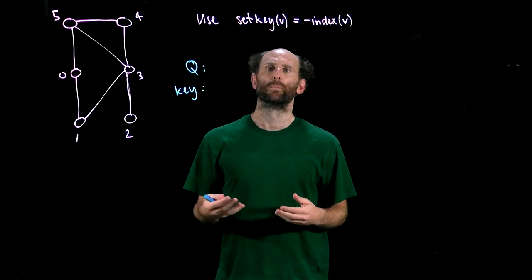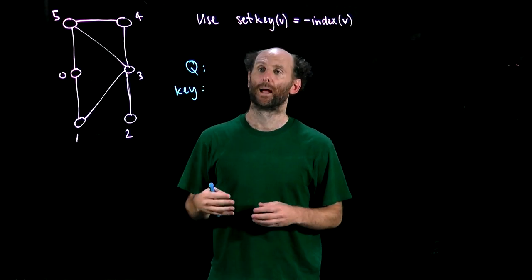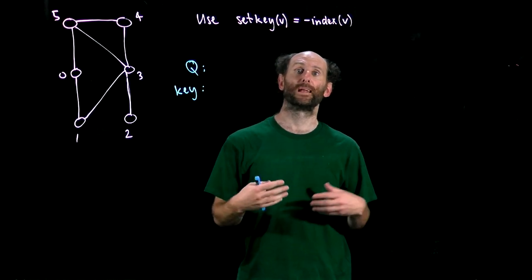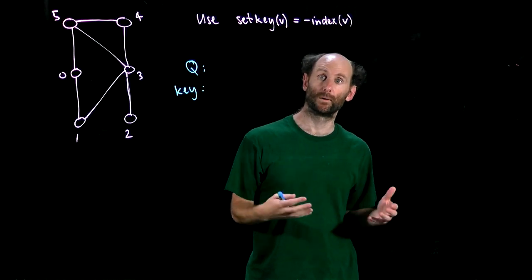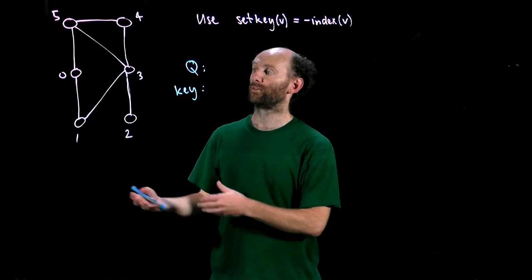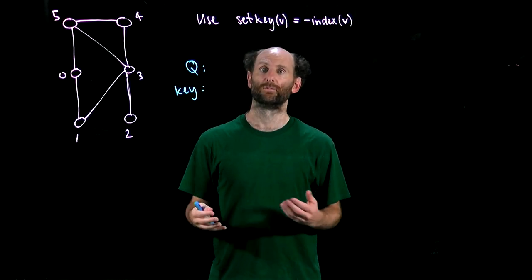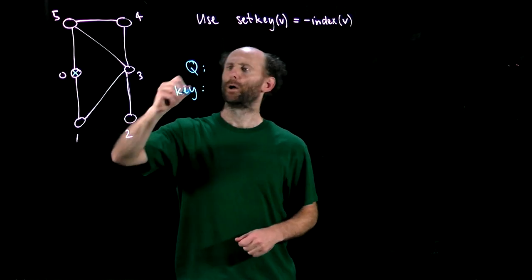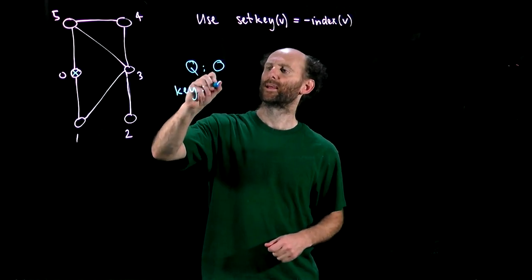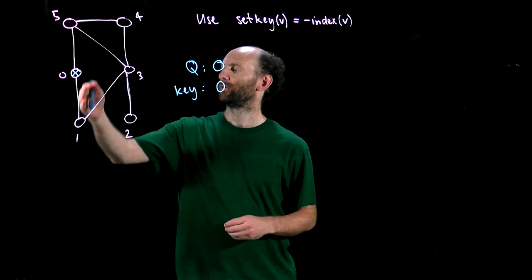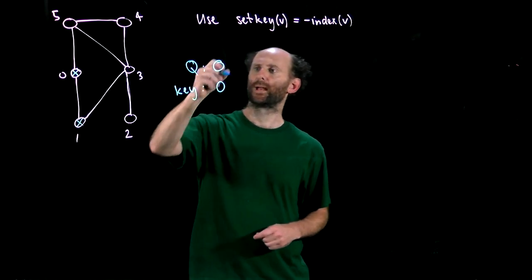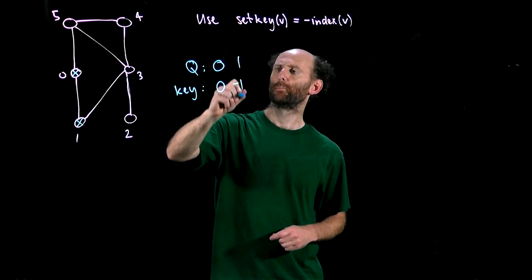As usual, we'll start from 0, and where there's a choice of white nodes to visit, remember the priority tells us nothing about which white node to choose, so we'll just use our standard convention of choosing the one with the lowest index. So I turn 0 grey, I put it in the queue, and its key is 0. Then I choose its out neighbor with the lowest index, 1. I put that in the queue with a key of -1.